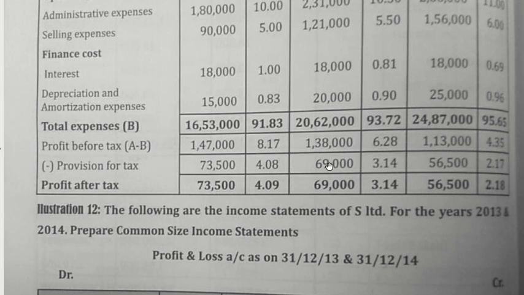Profits after tax will be the same amount, which is 73,500, 69,000 and 56,500. So you calculate your percentage to be 4.09, 3.14, and for the third year it is 56,500. So the percentage is 2.18. Thank you everyone.